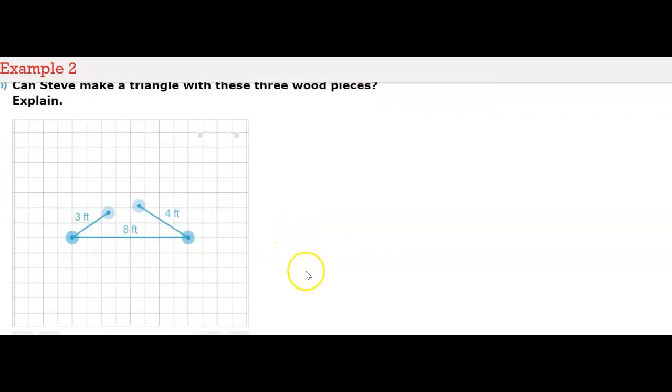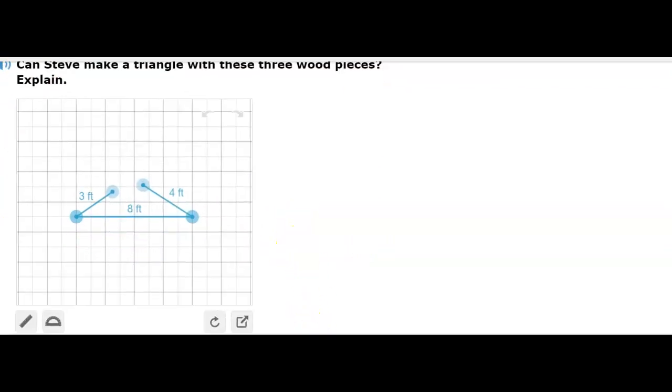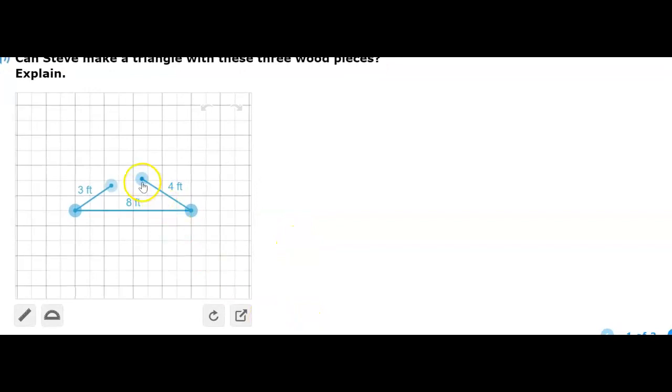And this is a simulator, so I can try to see if with these I can make a triangle. And what it looks like is one of these sides would have to be a little bit longer for us to make a triangle. So nope, we would not be able to make a triangle with these wood pieces.